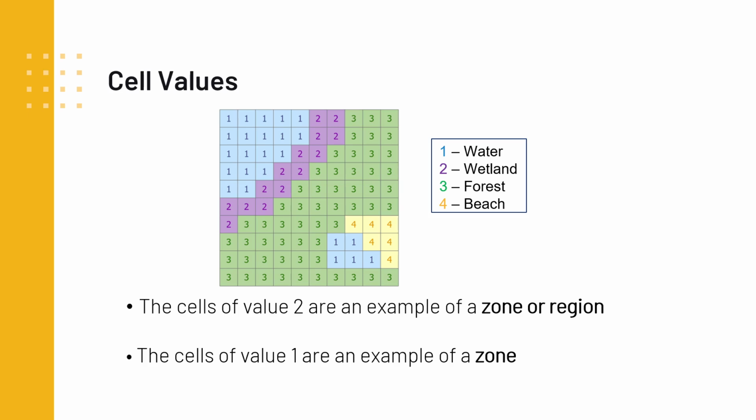In our case, we only have one area, so it is contiguous, and you can see there's some connectivity there. So it can be a region, but it can also be a zone. The cells with the value 1, which is the water cells, would be an example of a zone. You can see there are 2 separate areas that have the value 1 inside of it.